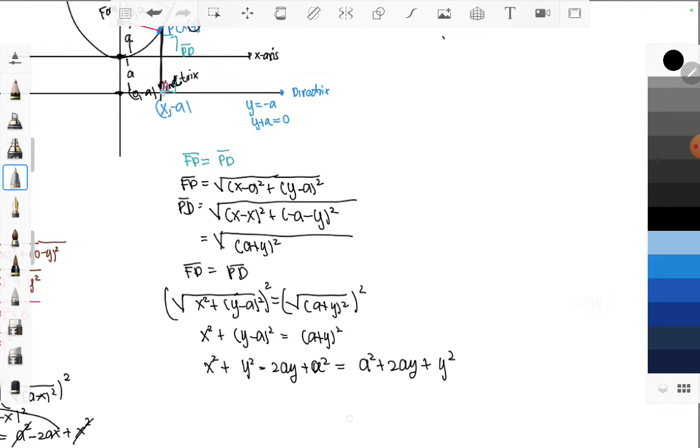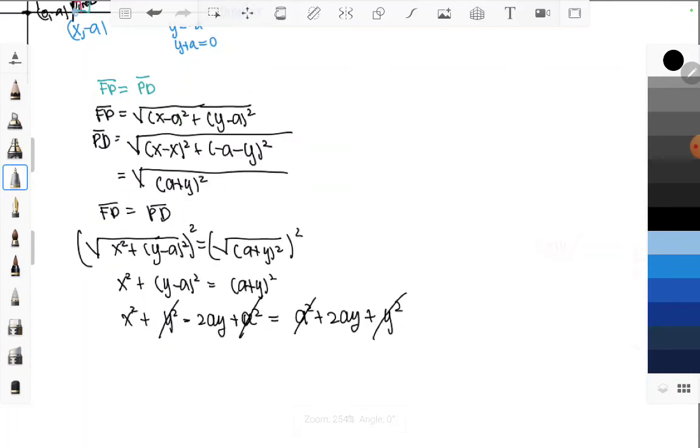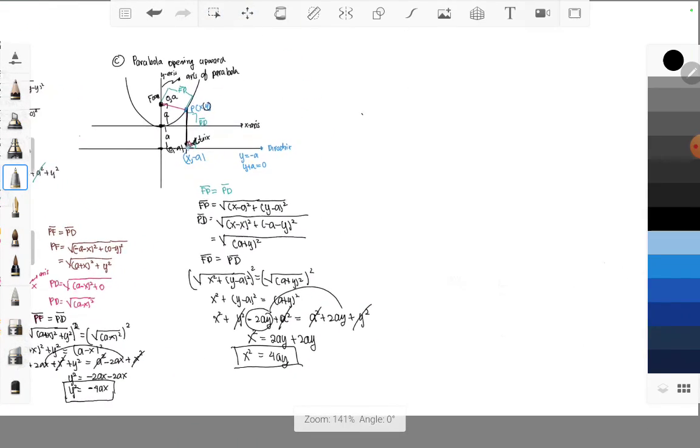You would notice that our y squared will cancel off because y squared minus y squared is 0. And of course our a squared will cancel off because a squared minus a squared is 0. So we'll have x squared is equal to, transposing my negative 2ay to the other side, 2ay plus 2ay, so x squared is equal to 4ay. This is for our letter C.